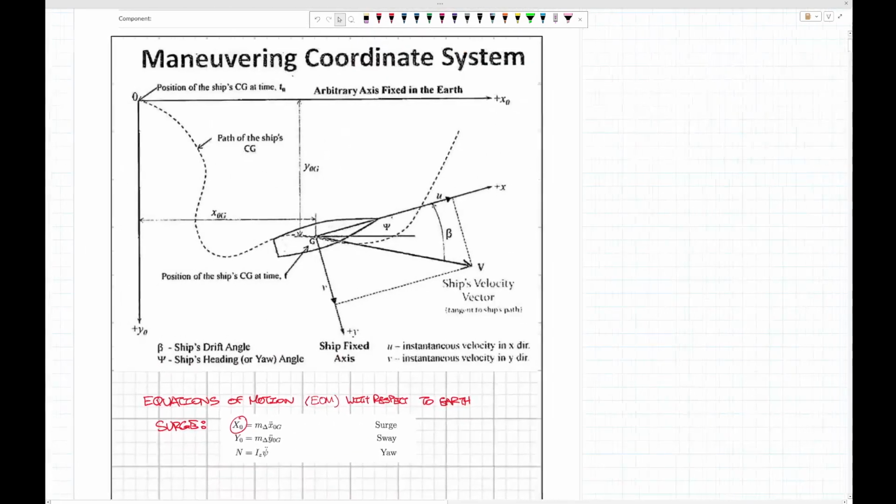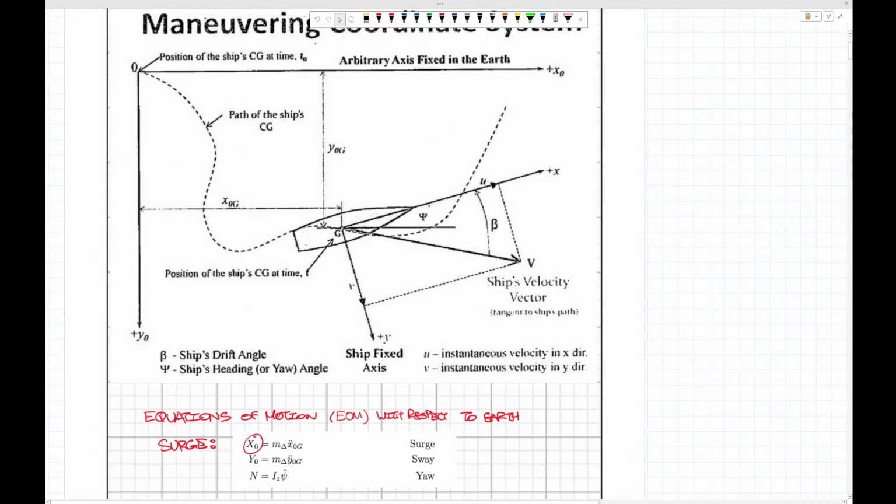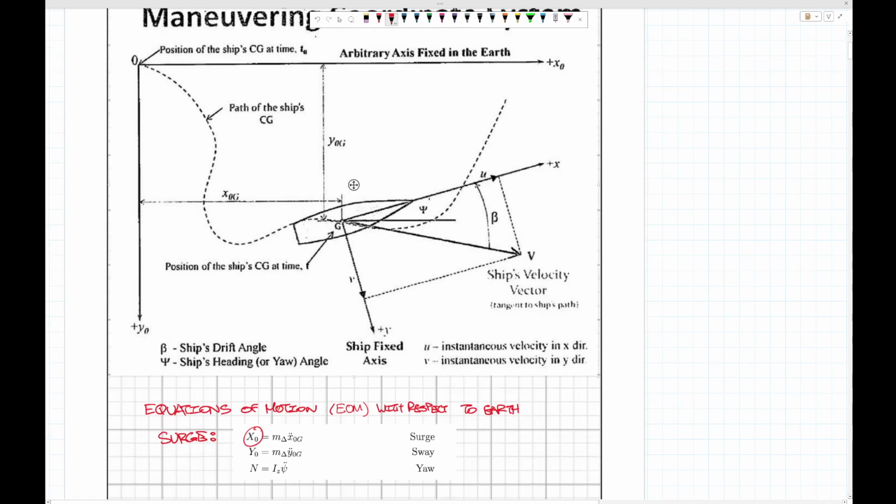So let's take a look at x naught. With respect to Earth, the movement of the boat in this direction is simply the mass of the displaced shape. m is mass, and this little delta is your displaced volume underneath the water. Obviously, you have a part above the water and a part underneath, and we're only worried about the amount underneath the water.